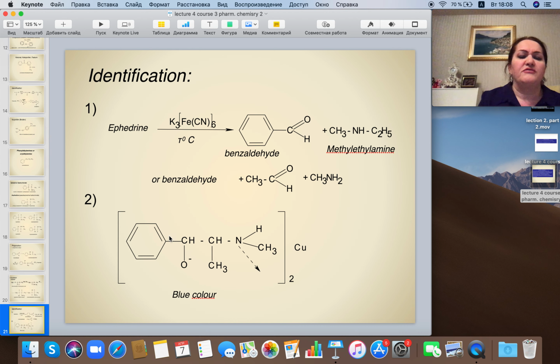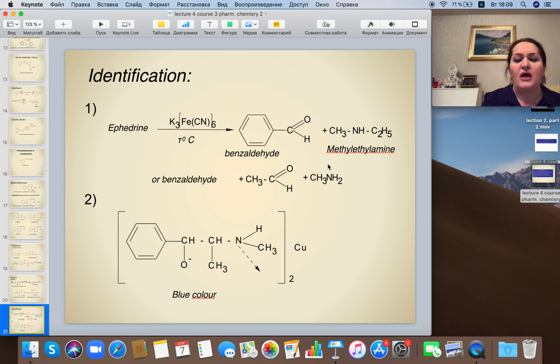When we speak about identification, you can see that ephedrine with red blood salt, potassium hexacyanoferrate, gives benzaldehyde and methylamine. Benzaldehyde has a specific almond smell. In the second case, benzaldehyde, acetaldehyde and methylamine form.